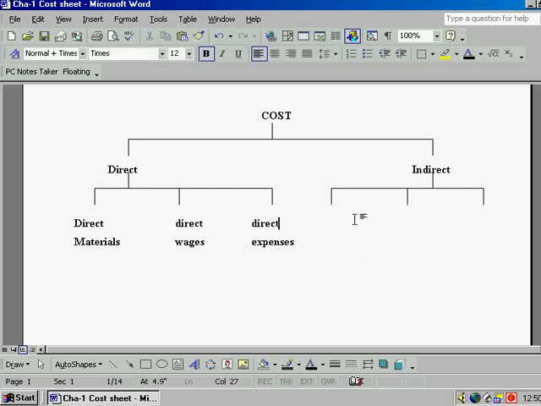Now, indirect costs are not classified as indirect materials, indirect wages and indirect expenses.